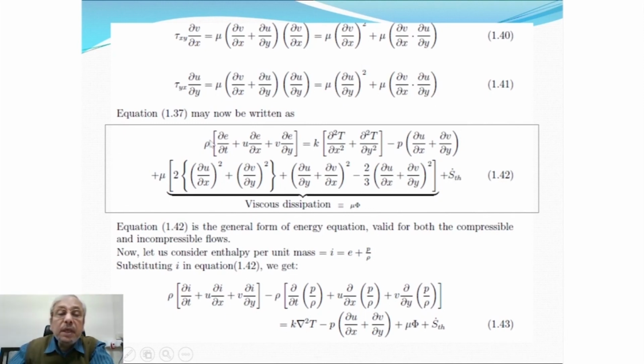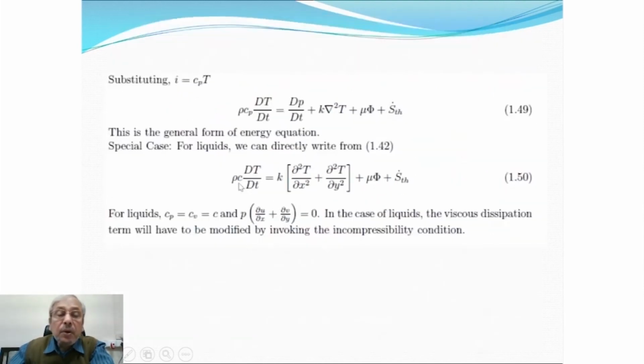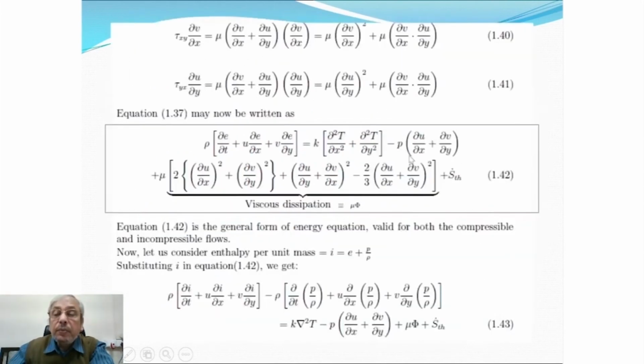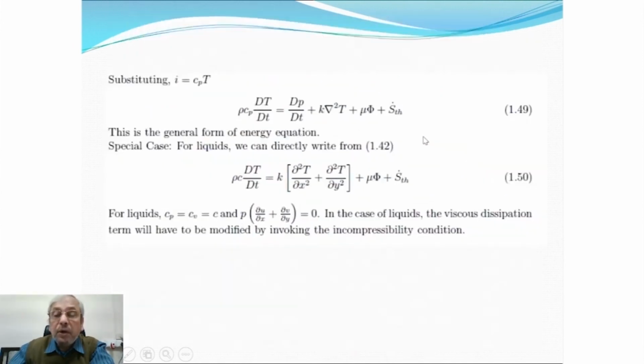So let us see whether, if we do this, we can get this. So we can get rho into C dT/dt. We have written C deliberately; C is Cv. And then K del square T/del x square plus del square T/del y square plus, and in equation 1.42, this P term is dropped. So this term is completely dropped, and mu into phi, viscous dissipation.